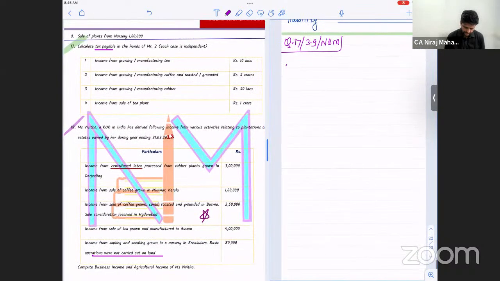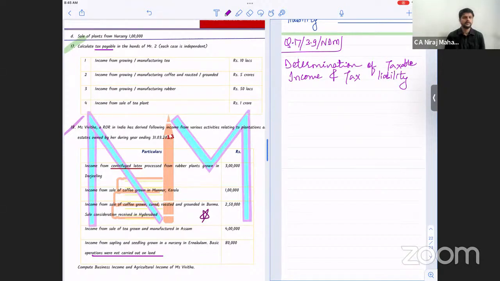Write down determination of taxable income and tax liability of Mr. Z for AY 23-24.